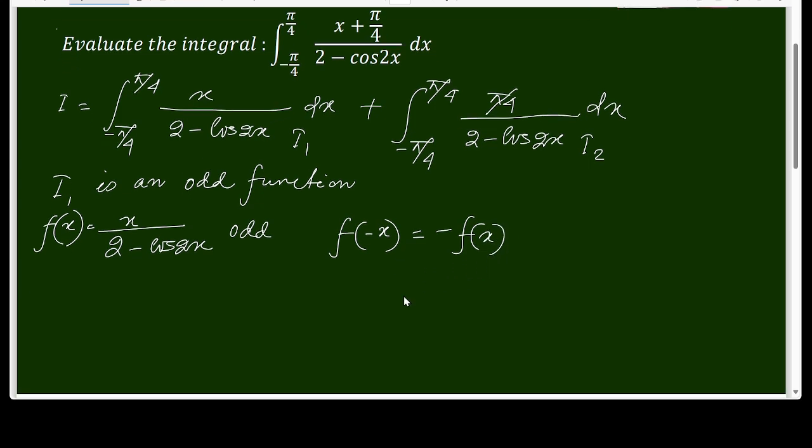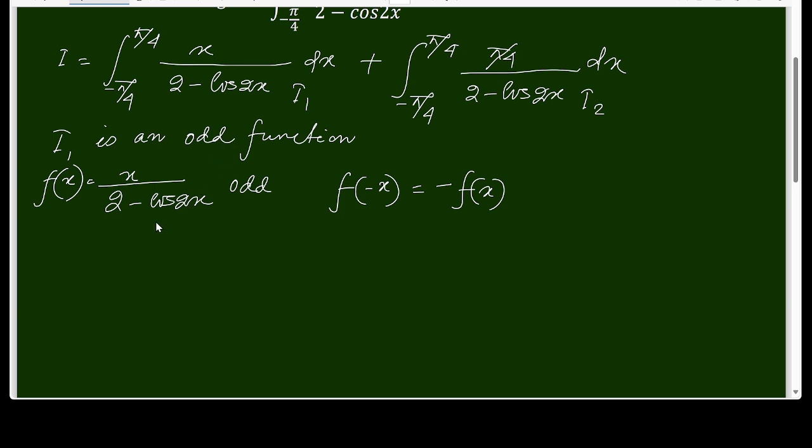So what is the use of an odd function? The properties of the definite integral say that when the function is odd, the integral from minus a to a of f(x) dx equals 0 if f(x) is an odd function. So integral 1 is 0.